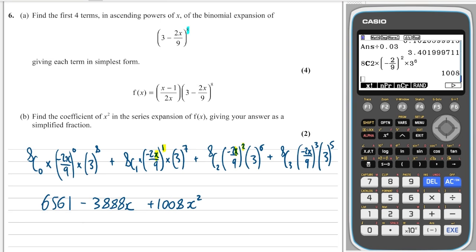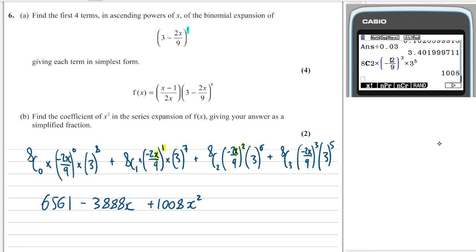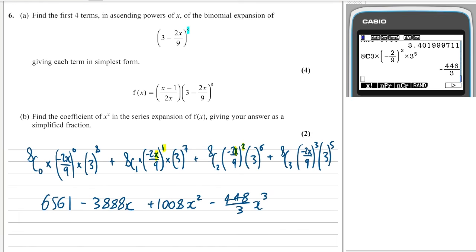And then finally, we'll just do the same thing again. That'll be a 5. That'll be a 3. And that will be a 3. And it gives you minus 448 over 3, and that is x to the power of 3.